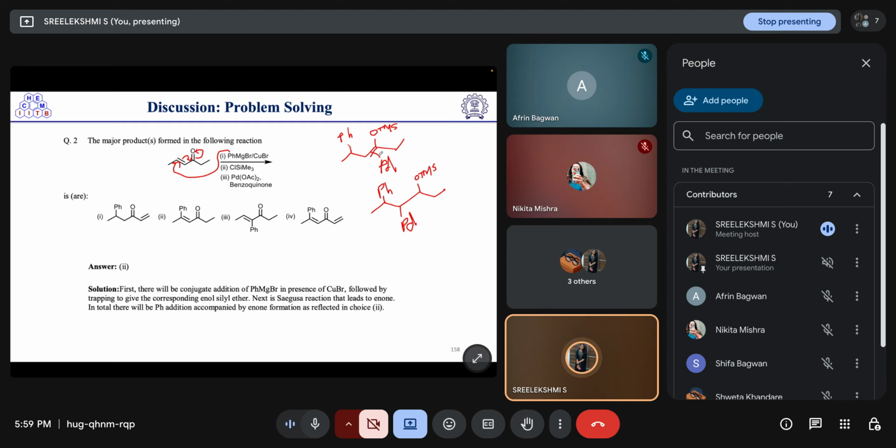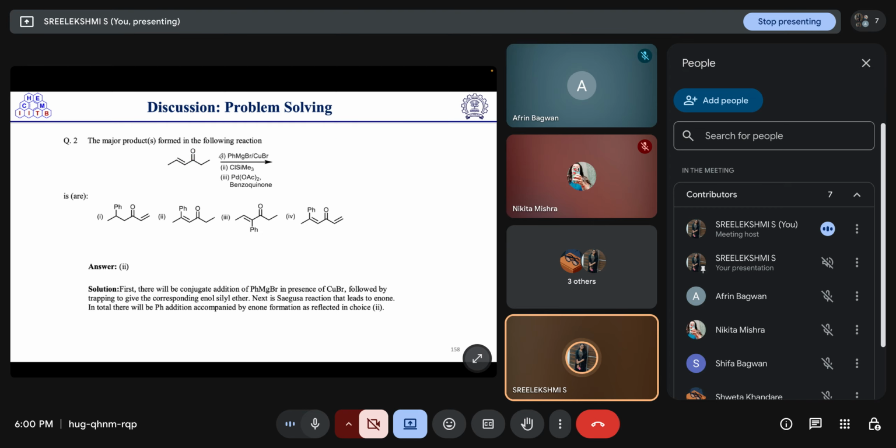Firstly palladium will coordinate with this double bond, and then it will migrate to one of the positions of the double bond, and then an elimination, like this palladium will take the hydride, and a beta hydride type of reaction will happen, and here a double bond will form, and this will be hydrolyzed back to the corresponding ketone. So here also this will be a double bond, OTMS, then this hydrolysis will give the ketone.